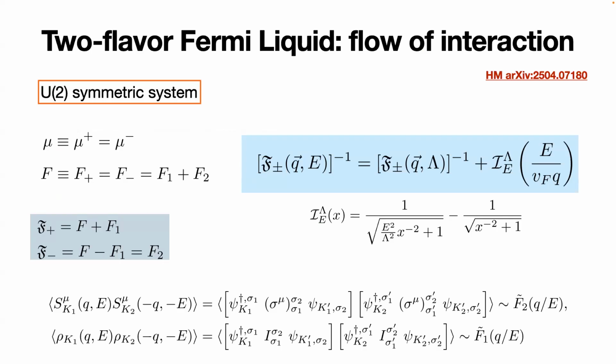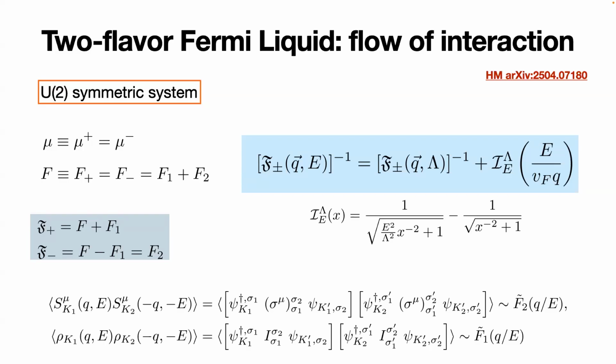If we impose the U(N) symmetry, then the chemical potentials are forced to be equal to each other, and the interactions are also forced to be equal to each other and equal to the summation of the interflavor interactions. In this way, we are able to solve our IR effective interaction in a very straightforward way, and using such IR interaction, I'm able to compute the physical quantities.